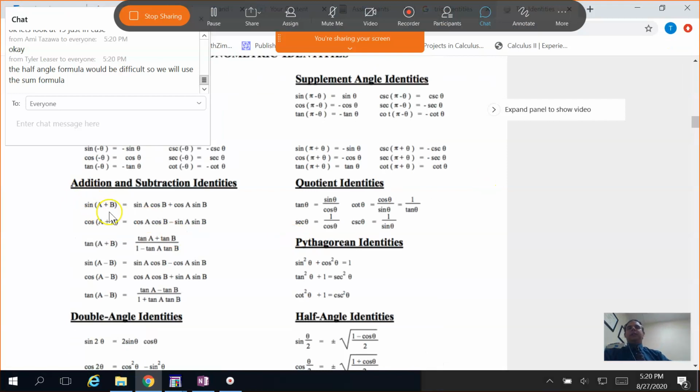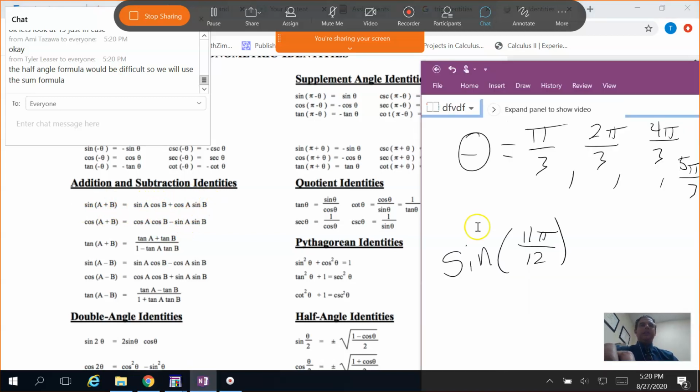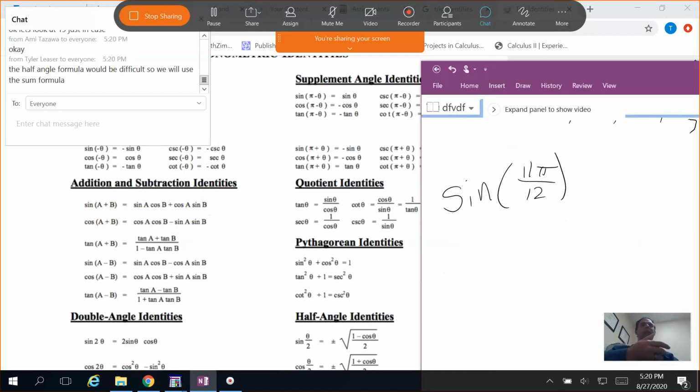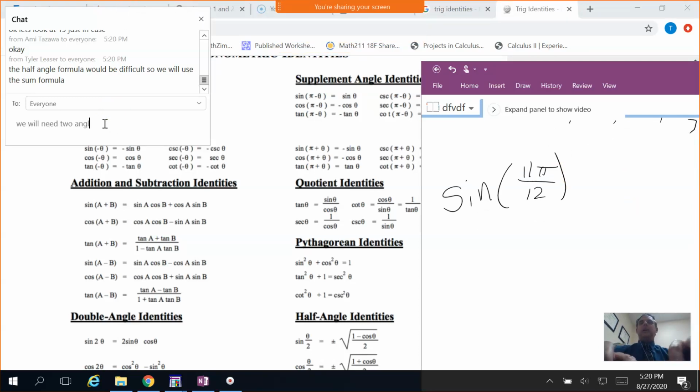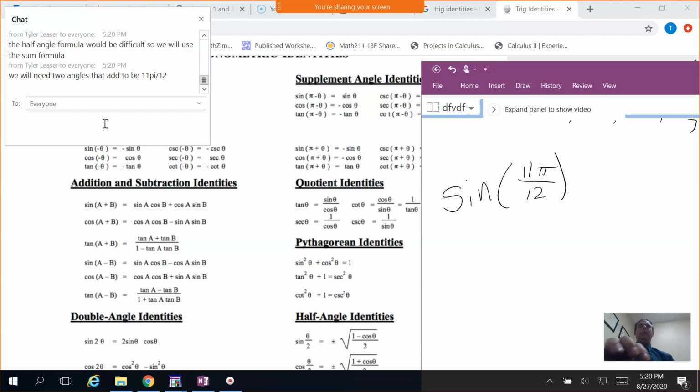So this one: sine of two angles added together is sine A cosine B plus cosine A sine B. So what we need is two angles that add to be 11 pi over 12. And I know that can be kind of hard. If you really want to, you could split this into degrees and figure it out that way, or just play around with it until you figure it out.